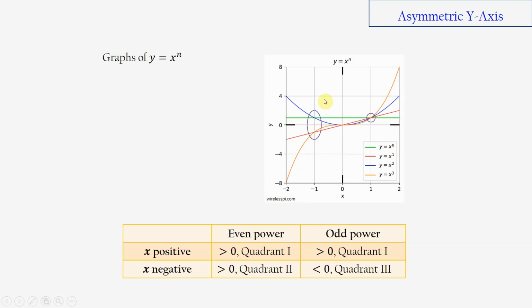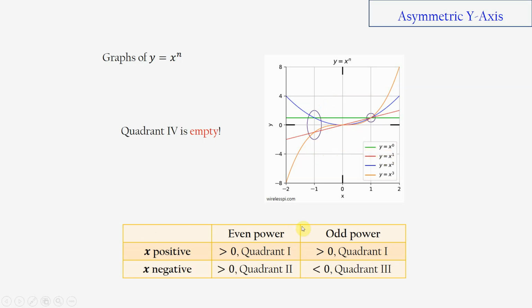Quadrant 2 is occupied by positive y values for negative x values. Quadrant 3 by negative y values for negative x values. However, quadrant 4 is empty and we have no negative y values for positive x values.